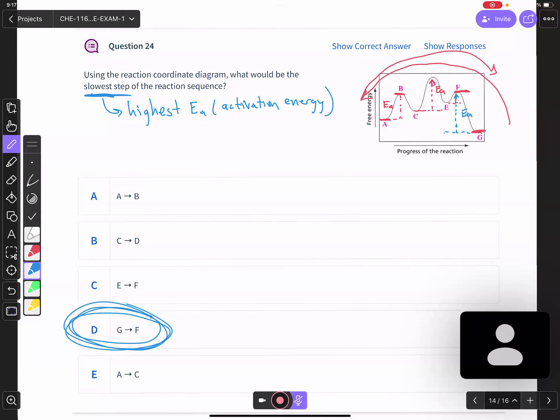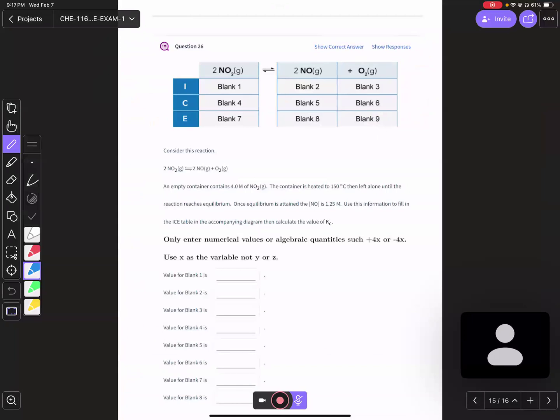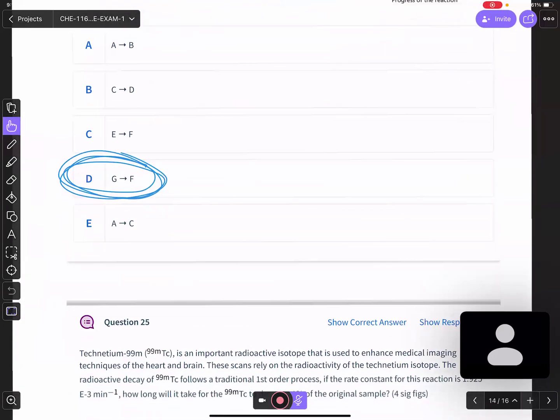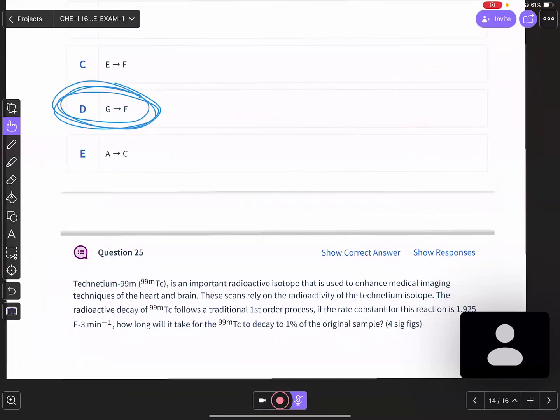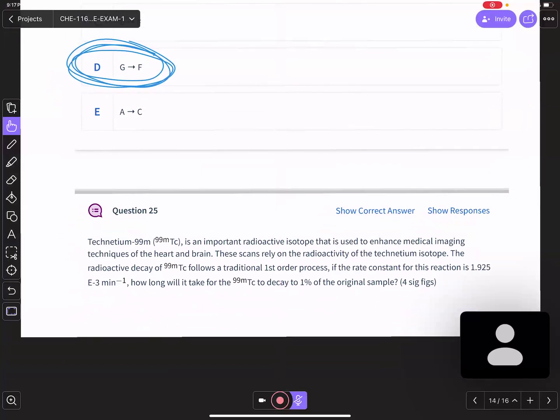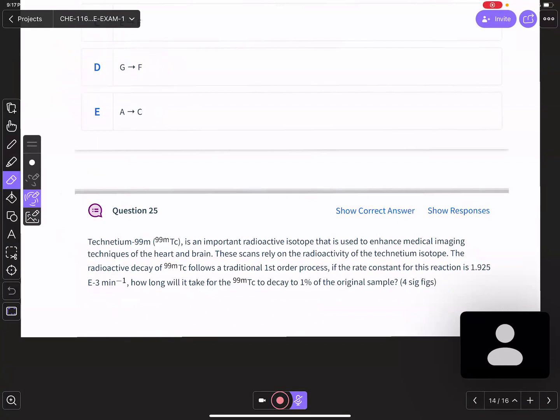All right, 25 is our last question. Must have been on the bottom here. Oh, okay. So question 25 is kind of like that other version of the half-life question that I was talking about earlier, where you can't just use a nice round half-life, like 20, 40, 60, there's our half-life.